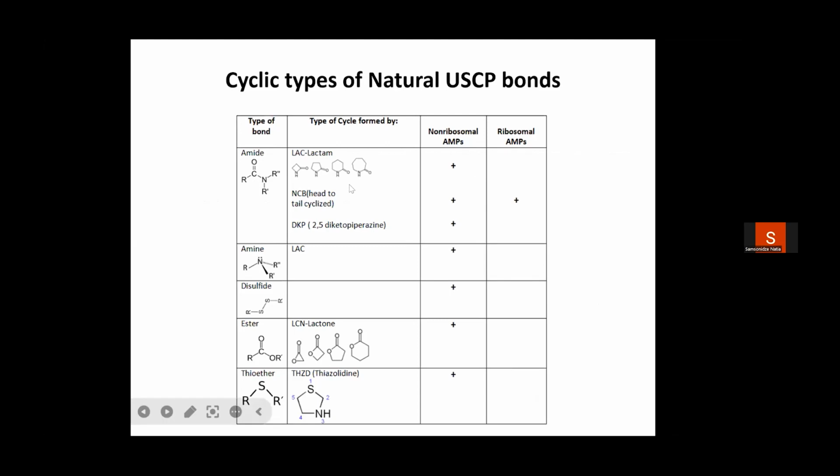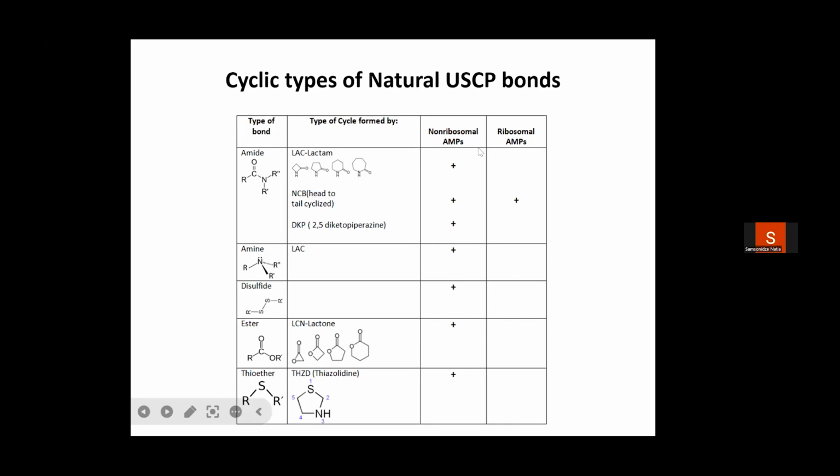In these tables, we see cycle types which are formed at the synthesis of these natural ultra short cyclic peptides. As we see here, lactams, which is the same as head-to-tail cyclization, diketopiperazines, lactones, and thiazolidines.